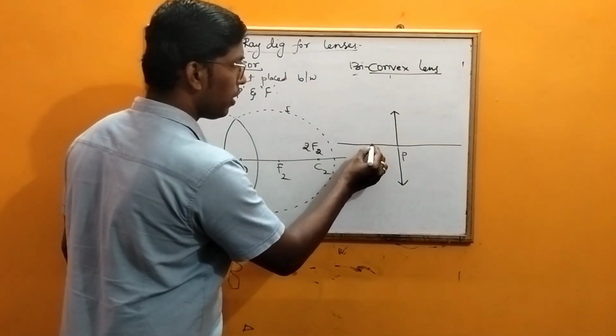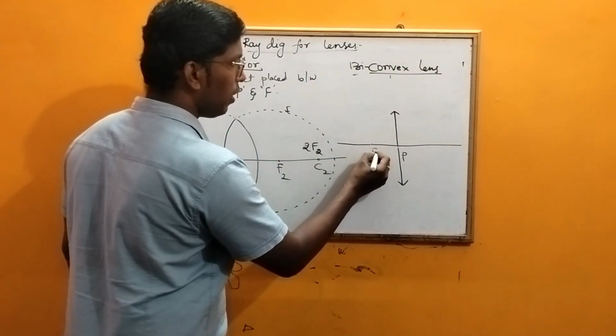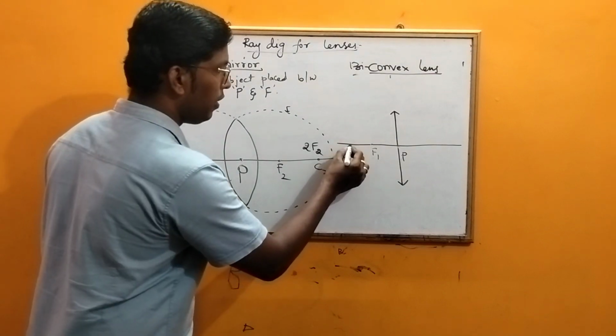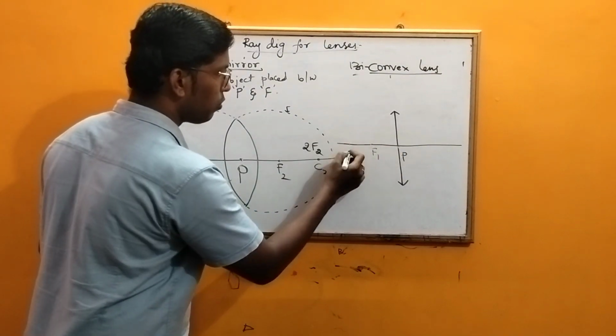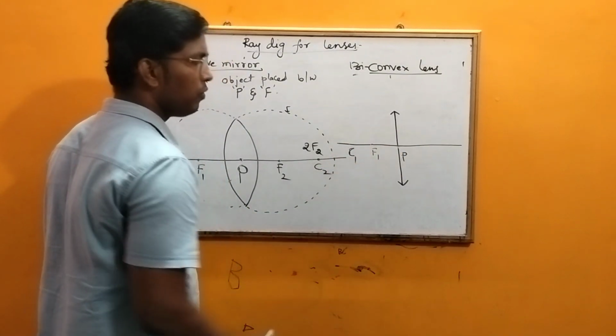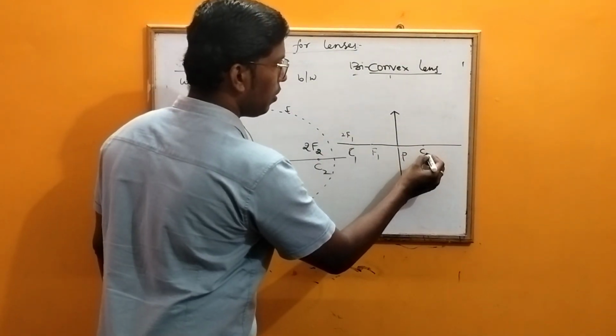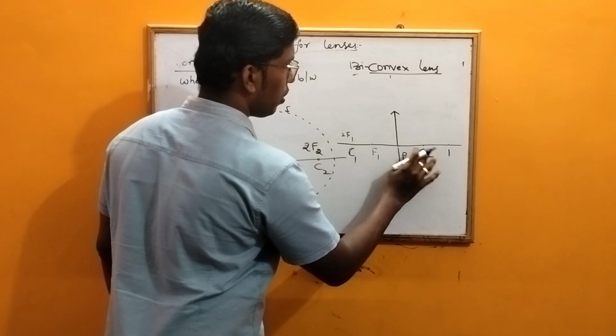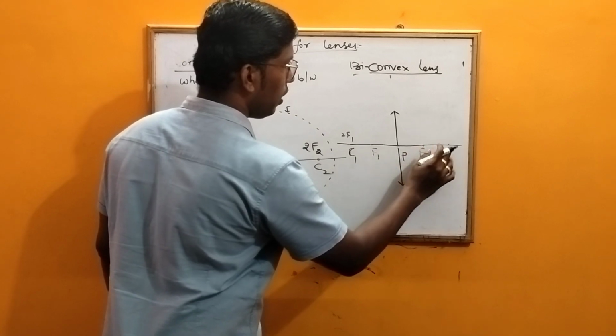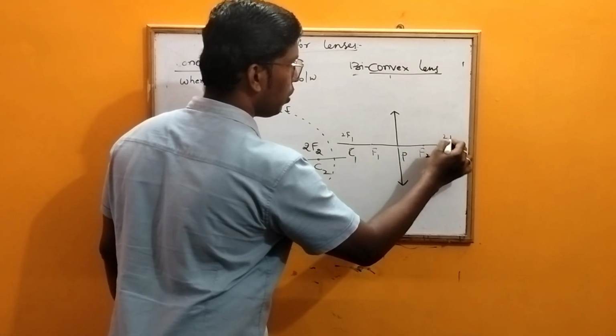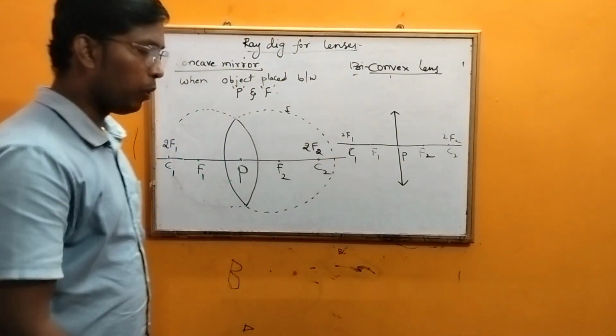Locate one point here at the same distance, F1, and again at the same distance, equal distance, here also equal distance, C1 or 2F1, and on the right side F2 and C2 or 2F2.